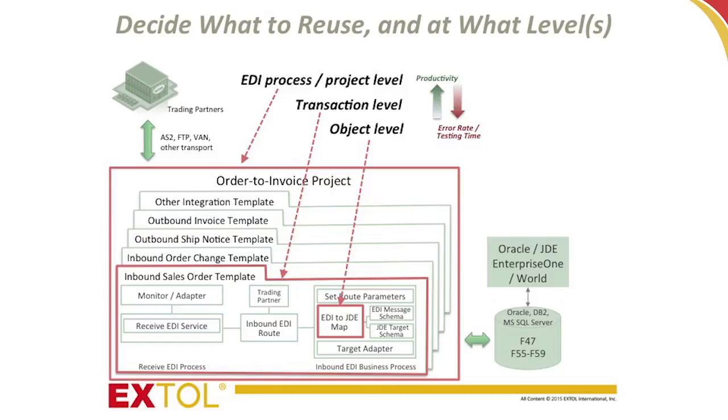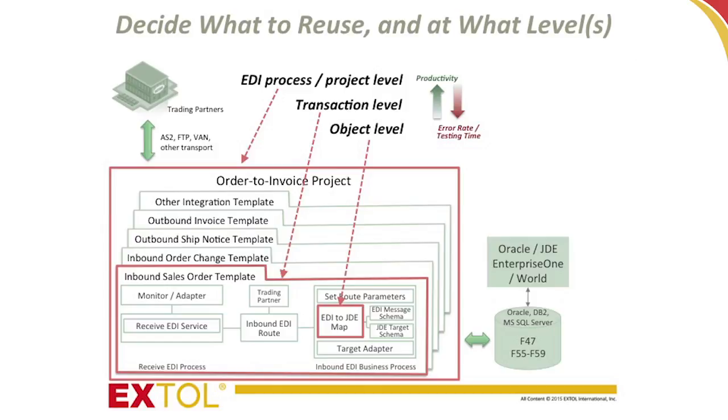And then third, you can actually look at multiple templates together that implement a set of EDI processes that work together. So the order to cash cycle is a common set of EDI transactions. Procure to pay is another one. There are a number of those sets of EDI transactions that frequently are implemented together for a single trading partner. And it makes sense to reuse at the project level as well if you have an opportunity to do so.